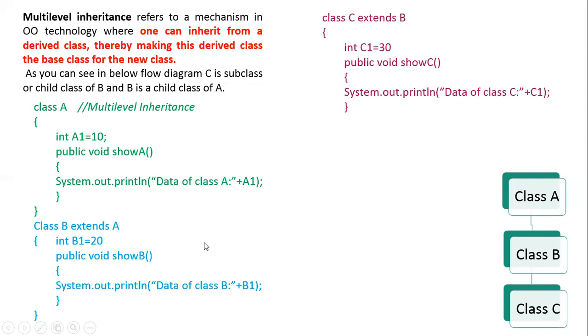Now class C extends class B. It means by default class C is inheriting the properties of both class B and class A, and it has its own variable and its own method also.